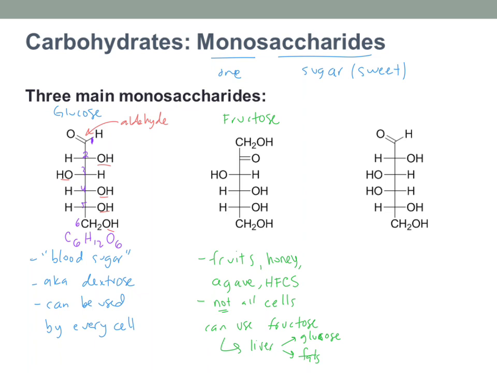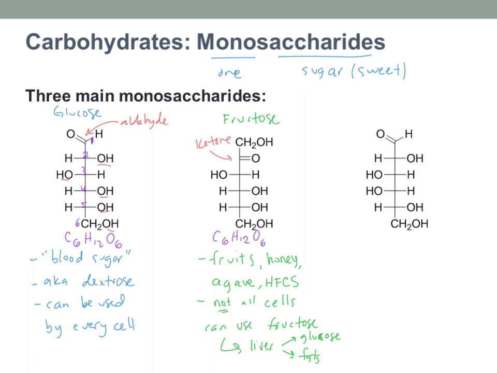And so fructose looks like this. It's not an aldehyde like glucose. This functional group here instead is a ketone. So it has a ketone instead of an aldehyde. But if you start counting, it also has 6 carbons, 12 hydrogens, and 6 oxygens. So fructose also has the formula C6H12O6.